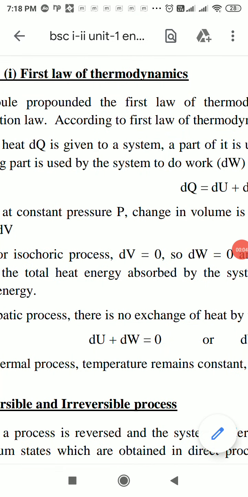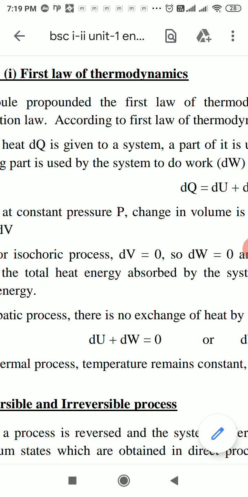First law of thermodynamics. In thermodynamics, we consider a system, generally an ideal gas, and study its state at various pressure, temperature, volume conditions.